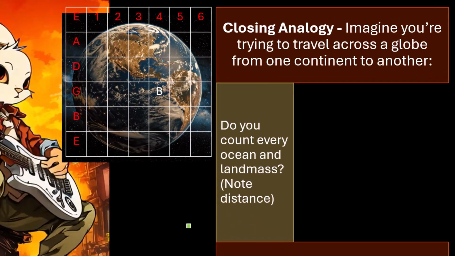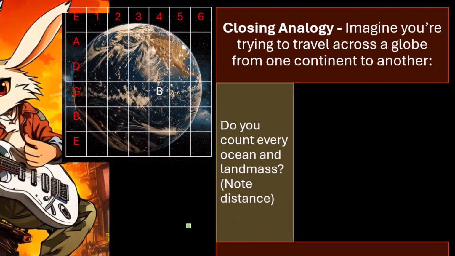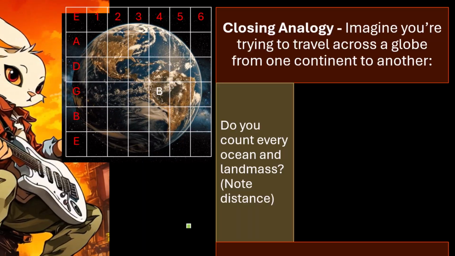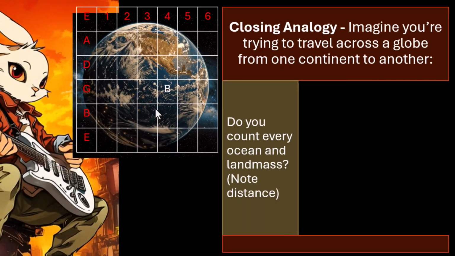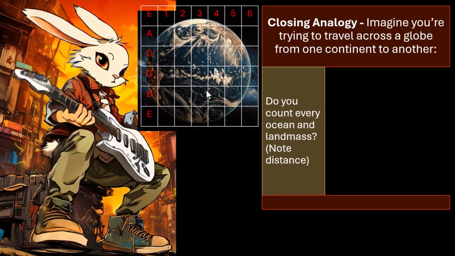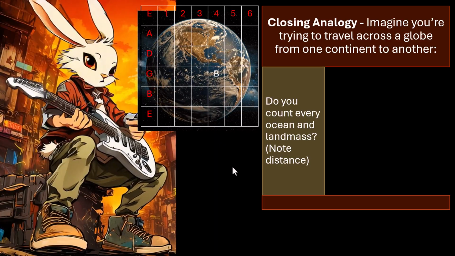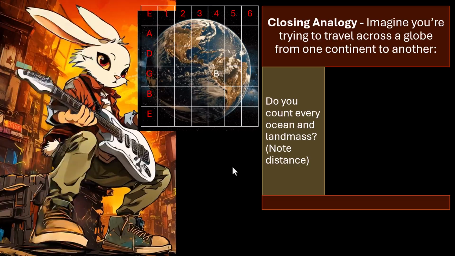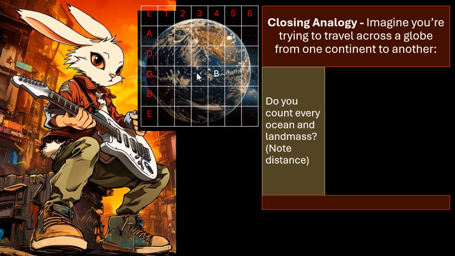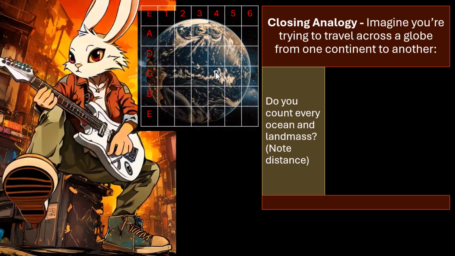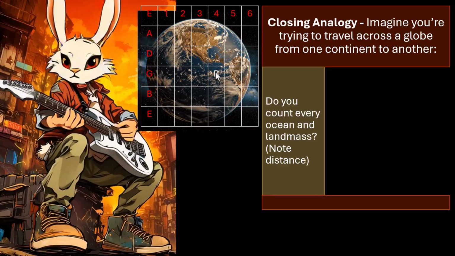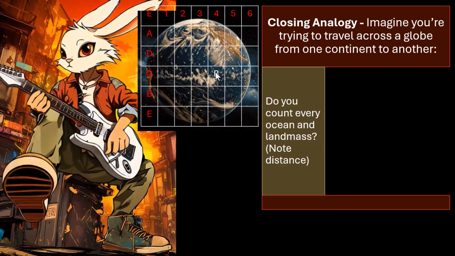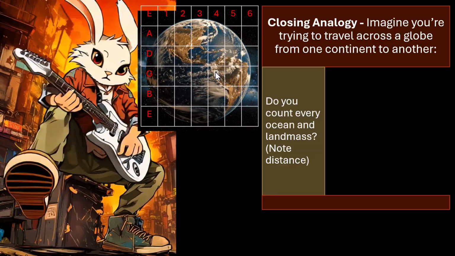So, closing analogy. Imagine you're trying to travel across a globe from one continent to another. Do you count every ocean and landmass distance? In other words, it's even more simple than that, because we're imagining all the continents are across the equator of the globe, so we can only go clockwise and counterclockwise across the continents.